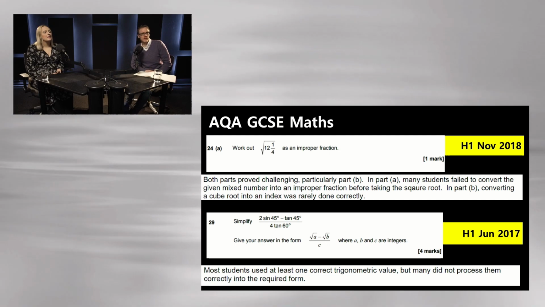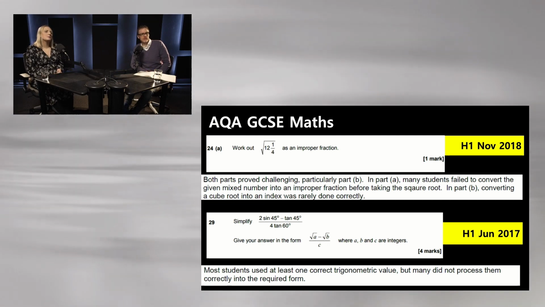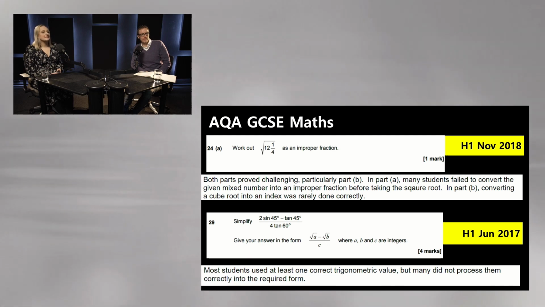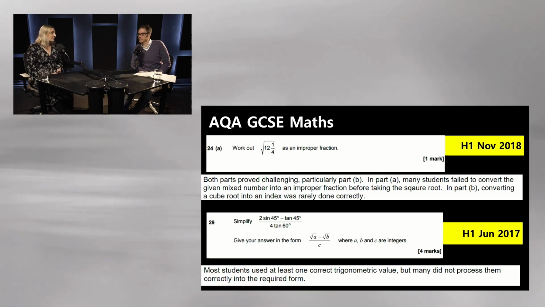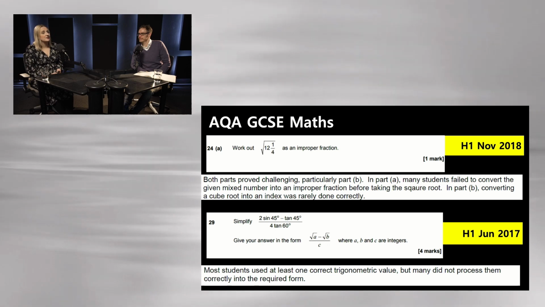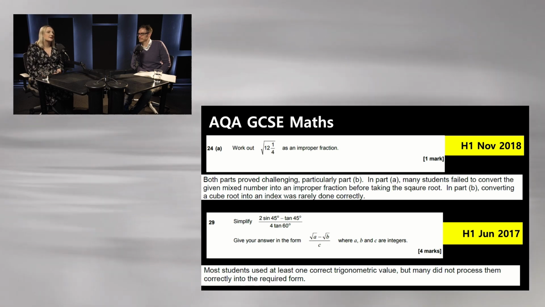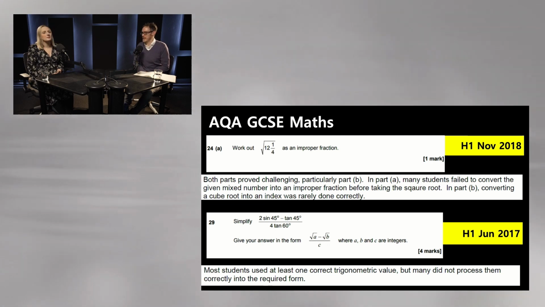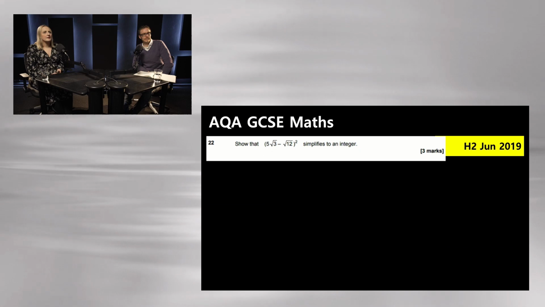Also, if you look at the wording of the second one, it says give your answer in the form where A, B, and C are integers, which suggests you might need to rationalise because you've got an integer in the denominator. Exam questions have so many different command words in them that students need to have seen a lot of these things before.